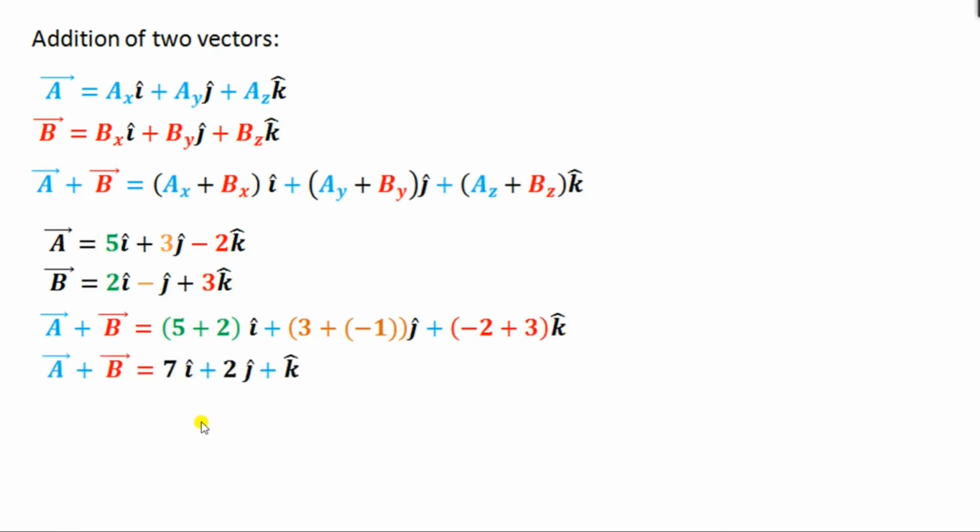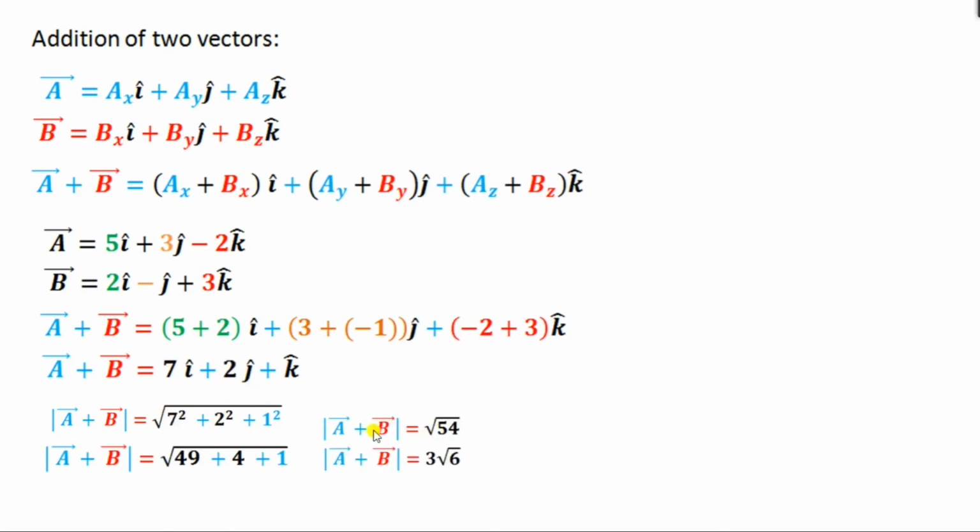When you solve this you will get this. Now you can further find the magnitude of A plus B. The magnitude of A plus B will be given by root over 7 square plus 2 square plus 1 square. So this is root over 54, or 3 root 6.